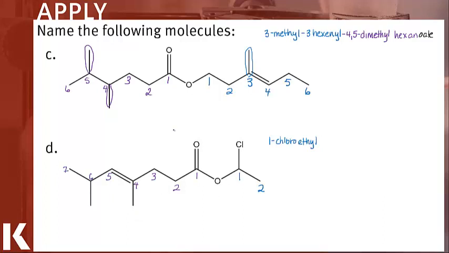So this is going to be 4,6-dimethyl-4-heptene. Again, I'm going to skip over the -oic acid and just say heptanoate. If we want to go for the more formal version, we'll put that 4 right before the -ene and make this 1-chloroethyl 4,6-dimethylhept-4-enoate.